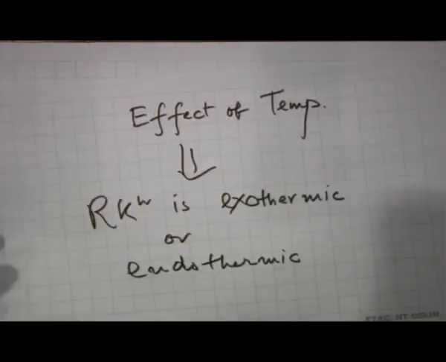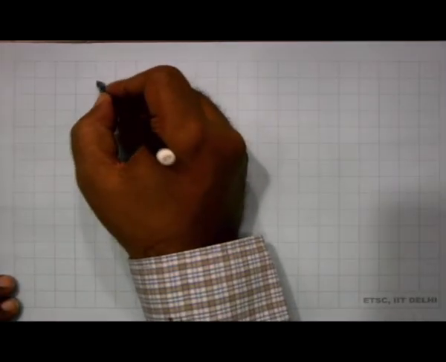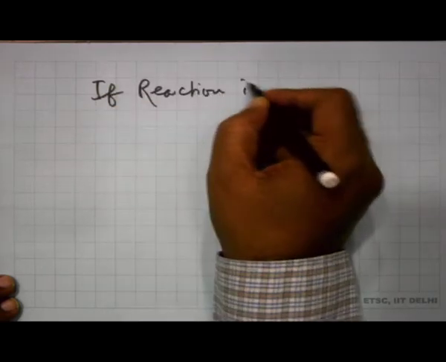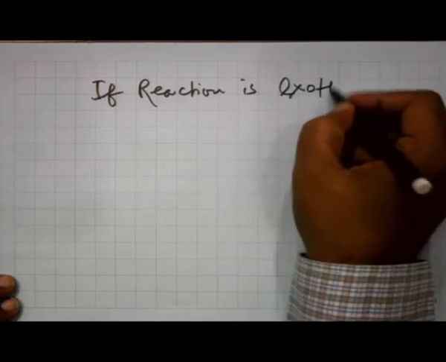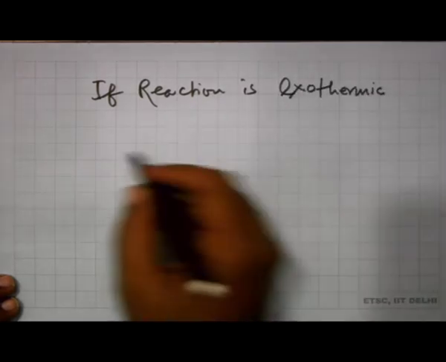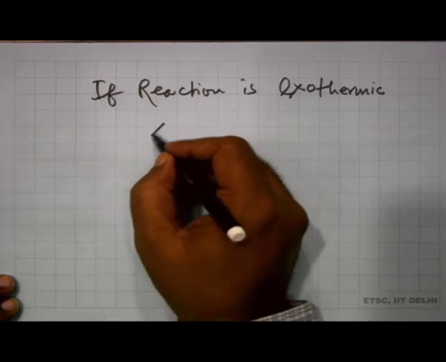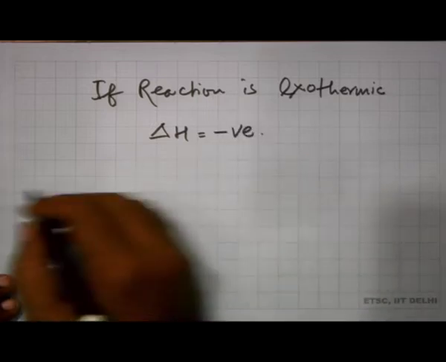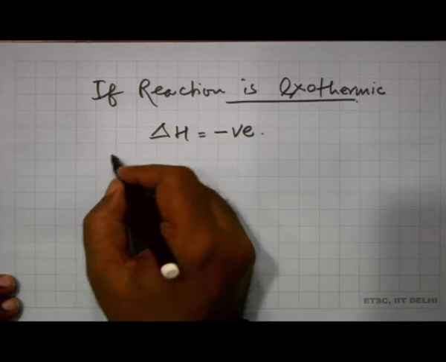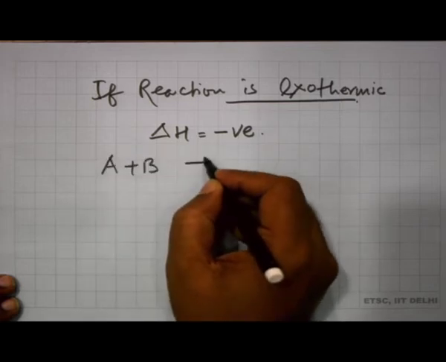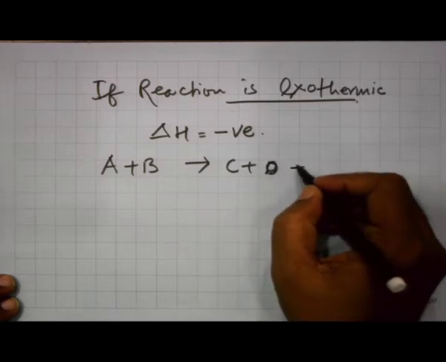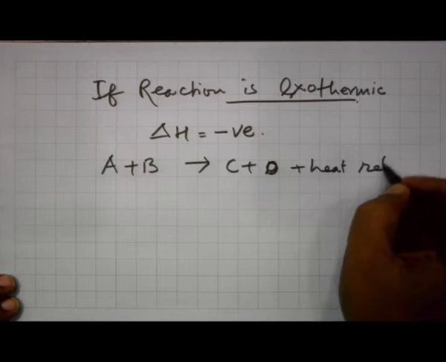If the reaction is exothermic, so basically delta H is negative. What does this mean? Exothermic means A plus B giving you C plus D and heat is released.